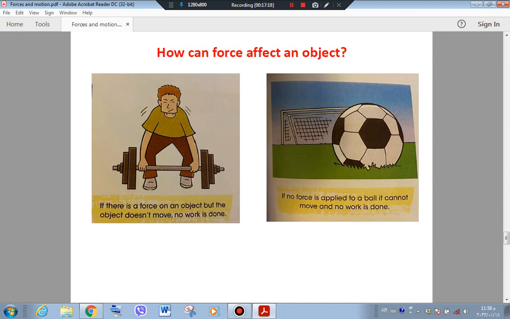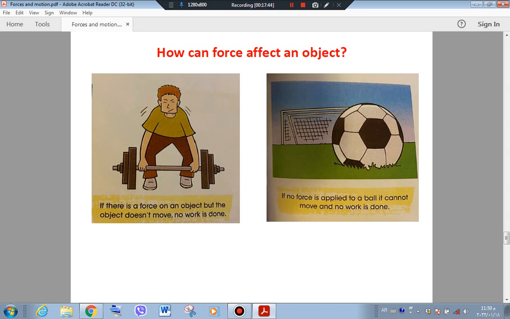If no force is applied to a ball, it cannot move and no work is done. So here you see this ball and you see the goal over there. There must be a player to apply force to the ball in order to give it energy and move it.